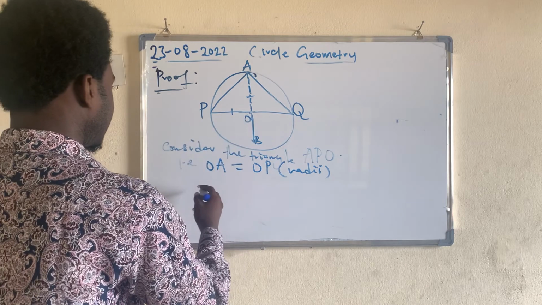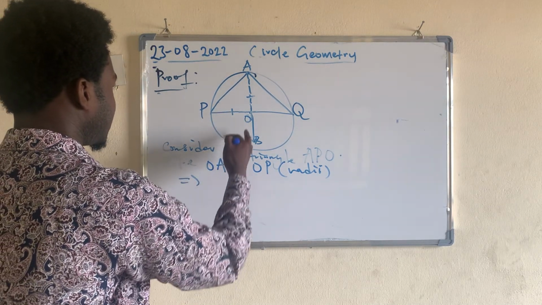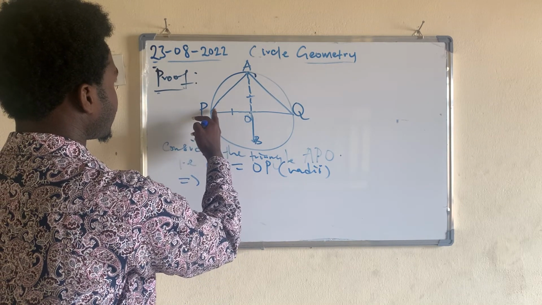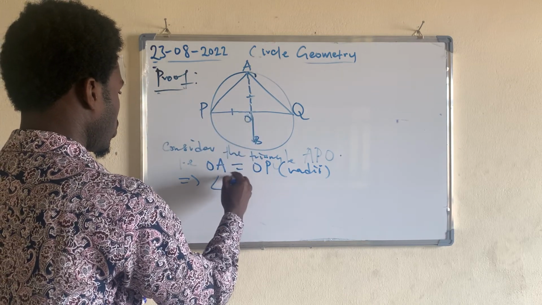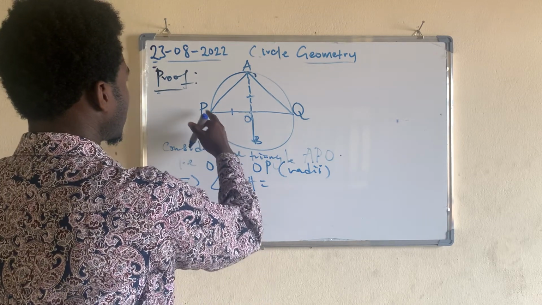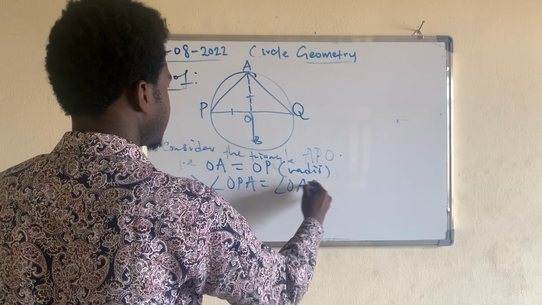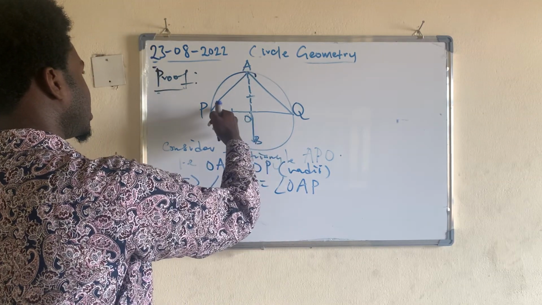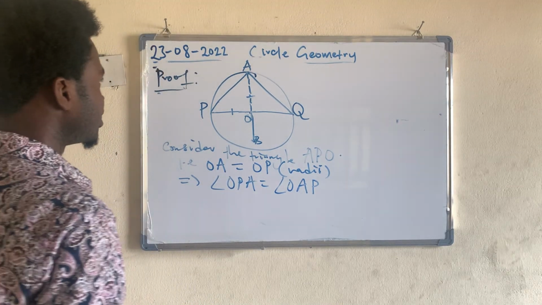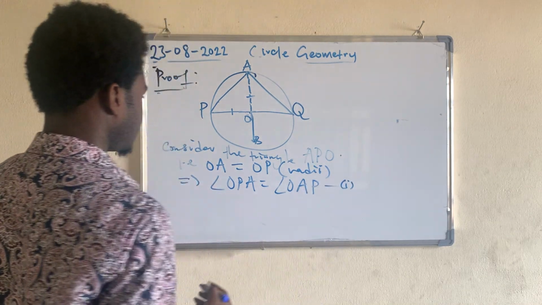So that implies that angle OPA is equal to angle OAP. So the angle here will be the same as the angle here. Okay. Let this be equation 1.